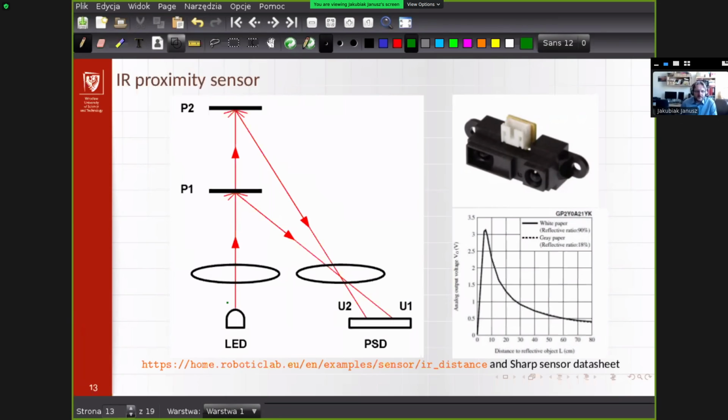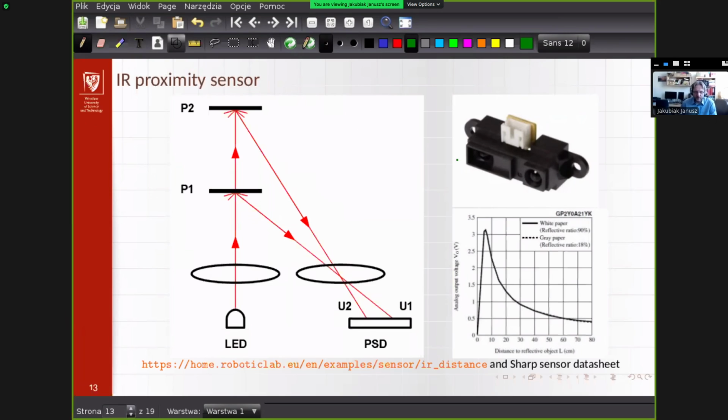This proximity sensor operates more or less in that way: it has some LED diode projecting the infrared beam in one point, and it has a camera. The camera is quite simple. It doesn't even need to be two-dimensional.